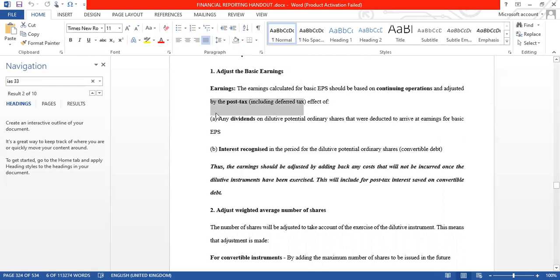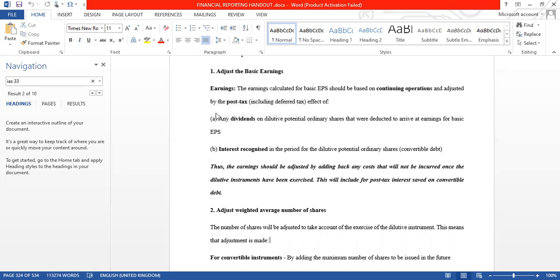And any dividend on dilutive potential ordinary shares will be deducted in arriving at our earnings. So that is what we are talking about. The dividend, if it is a preference share, all right, the conversion of a preference share to equity, and any interest when it is a convertible debt. All right, so that is how.